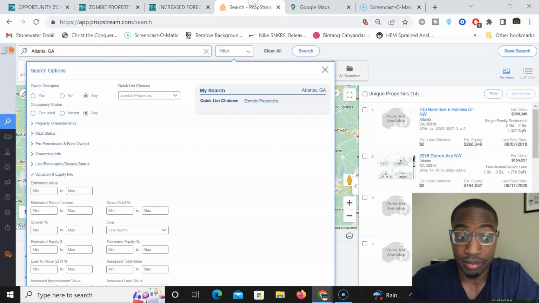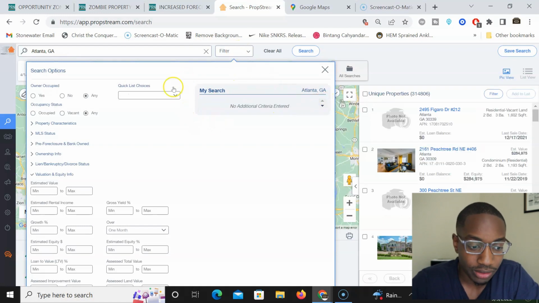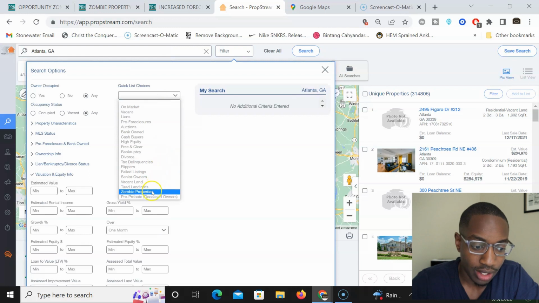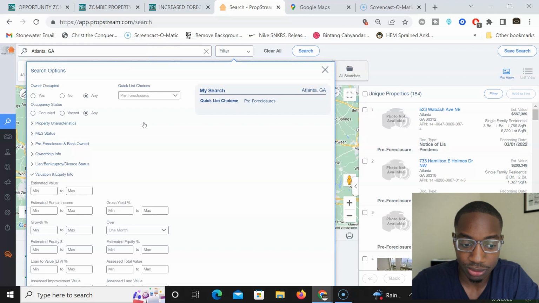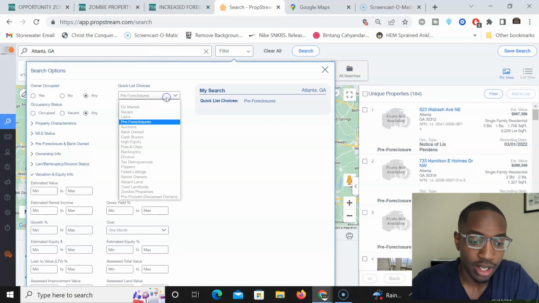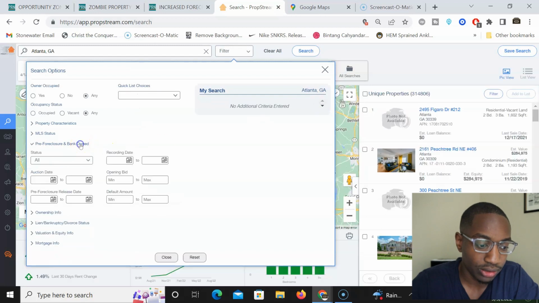So Propstream makes it easy to find pre-foreclosures. There's another quick list option where you can just click pre-foreclosures right here, and boom, you have a list right here. If you want to look at it another way, you can go right here, go to pre-foreclosures, and you can say, okay, it has a notice of default.